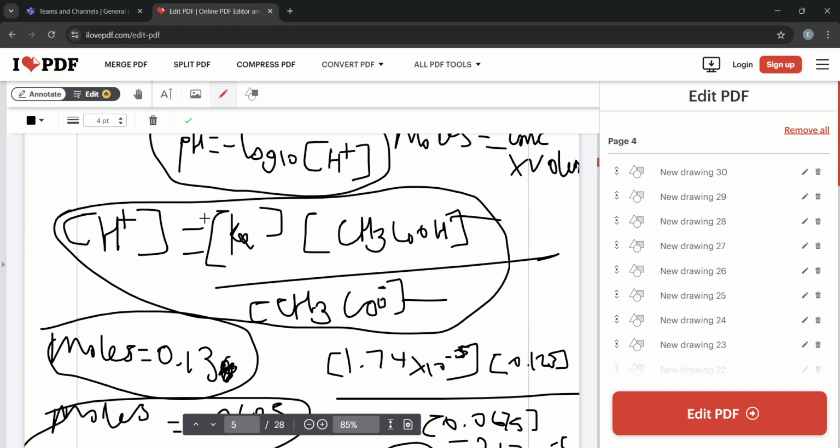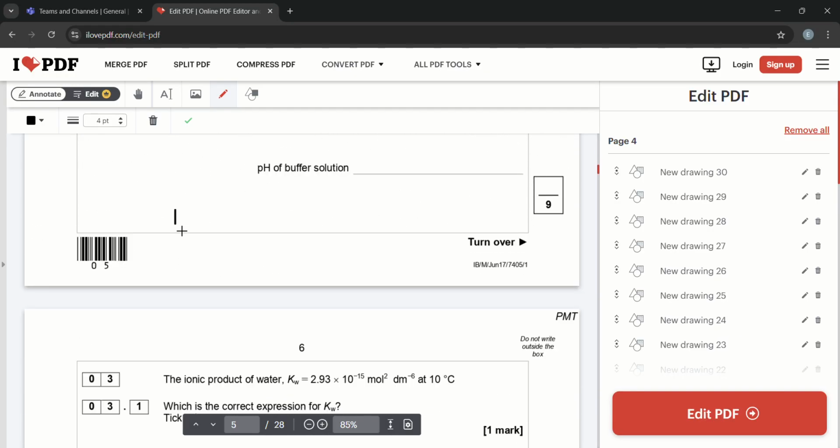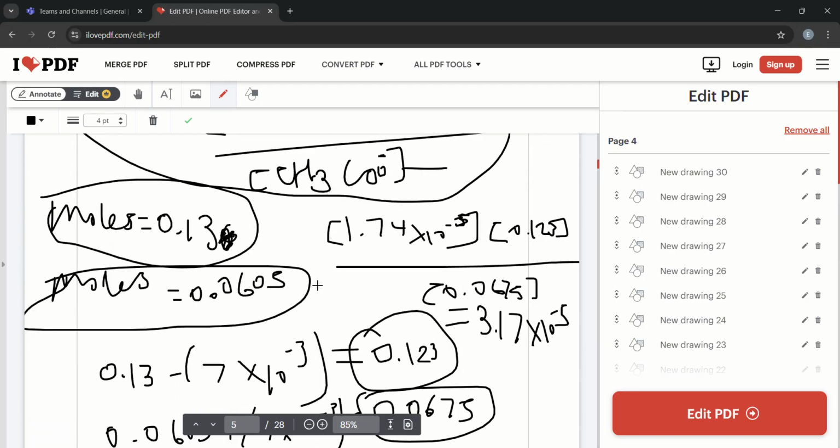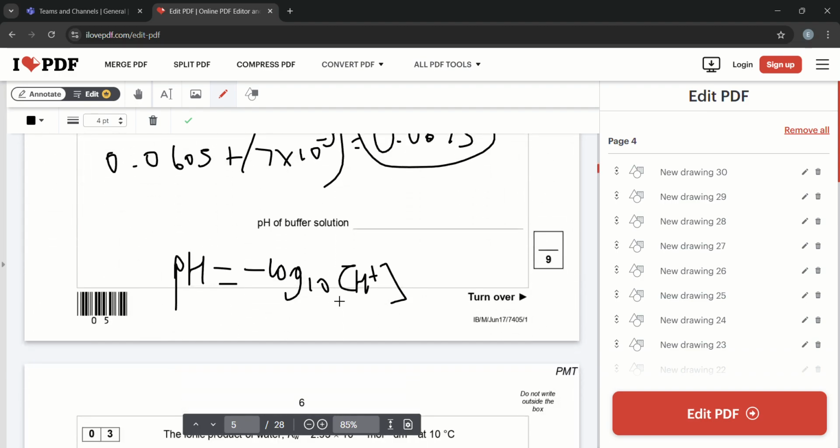And now to work out the pH, we just use this equation. pH is equal to minus log 10 of H plus, and we've done all of this to work out H plus. So it's just going to be pH equals minus log 10 of 3.17 times 10 to the power minus 5.